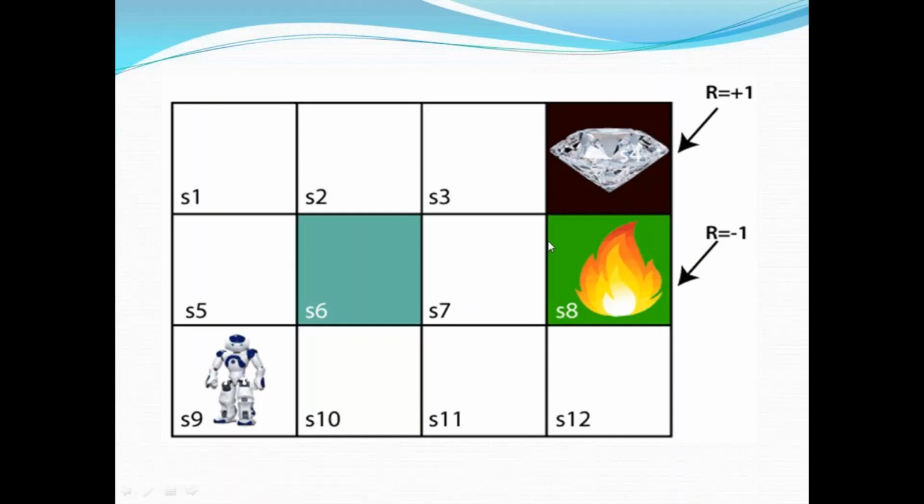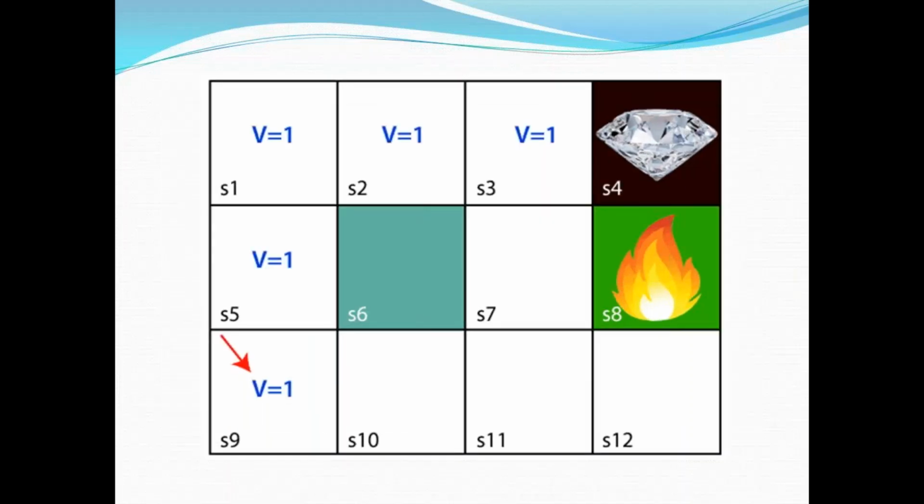Right? So before going to the actual advanced reinforcement learning algorithm, we'll see the basic technique that can be followed. The simplest technique is that you train the robot to start from S9. Whenever it makes a movement, say it goes to S5, it will place a 1 there so that the machine knows it has visited this block.